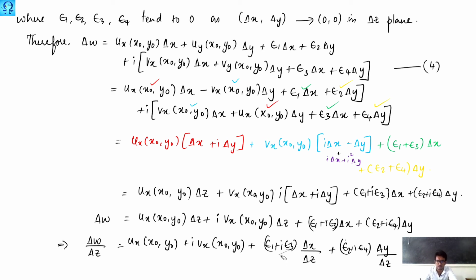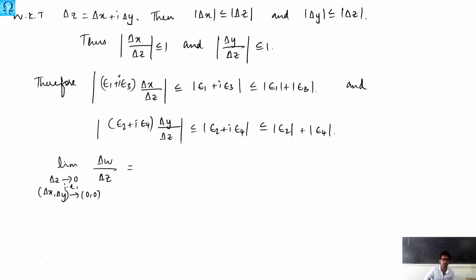Actually, what I'm trying to say is, when you make delta z go to 0, this quantity goes to 0 and this quantity goes to 0 as delta z approaches 0. Using the fact that we shall write this quantity as ux at x naught, y naught plus iota times vx at x naught, y naught.